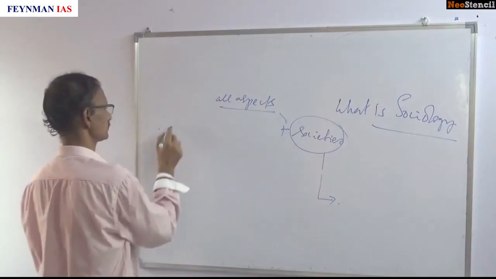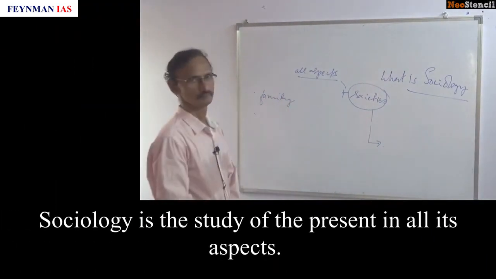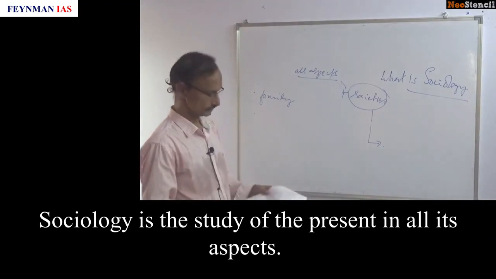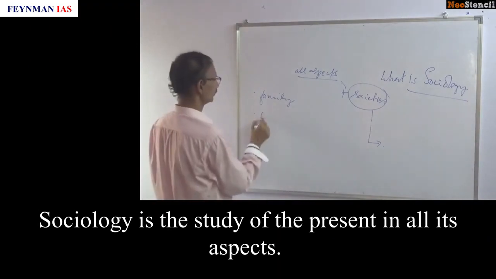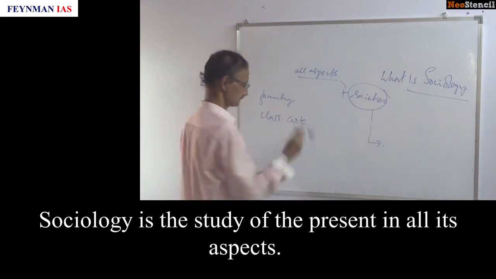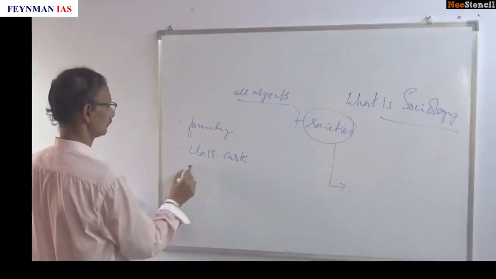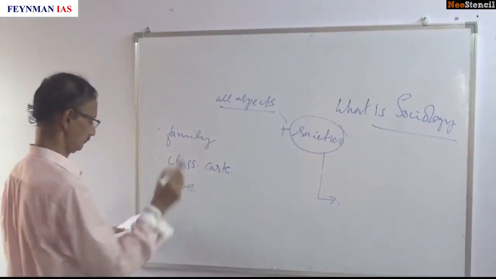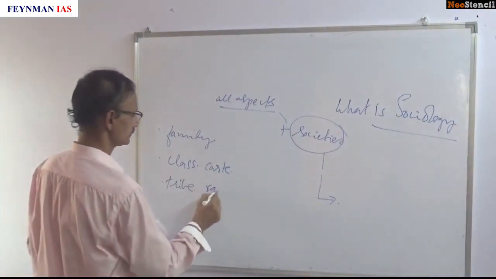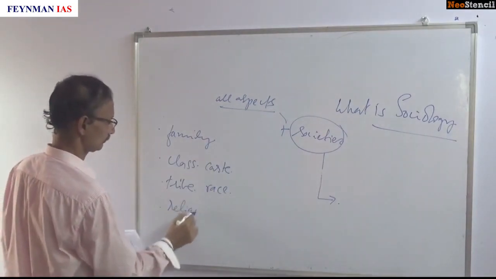What are these aspects? Family. Family is the basic institution. Class. In India's case, caste. Tribe. Race. Religion.